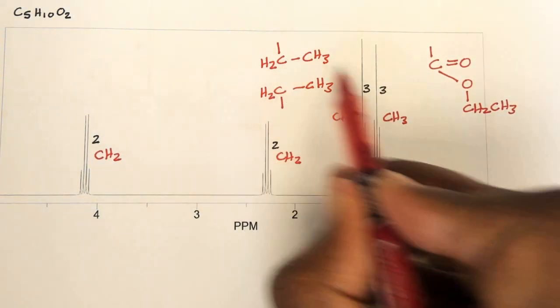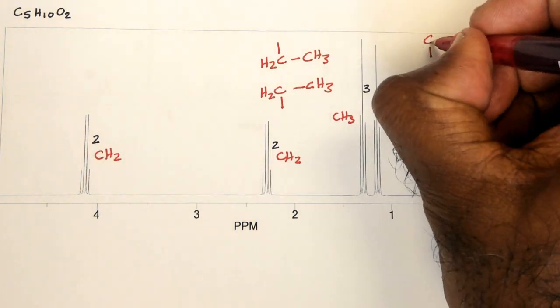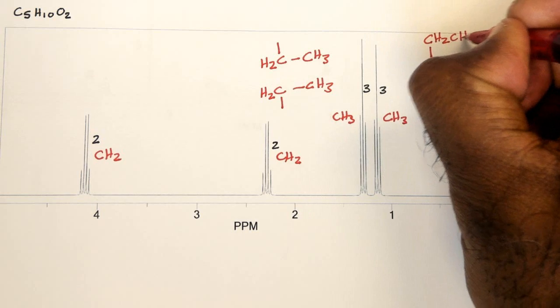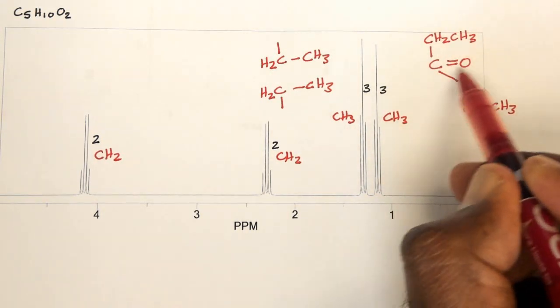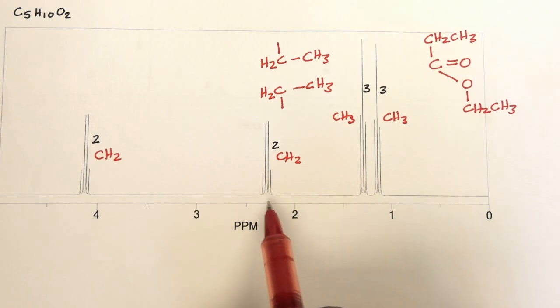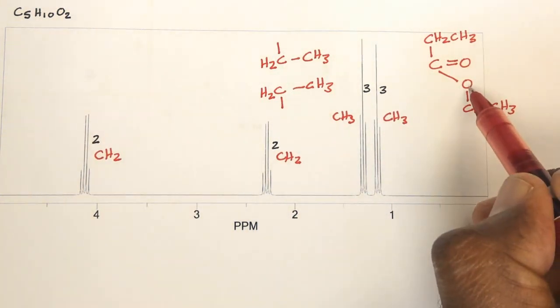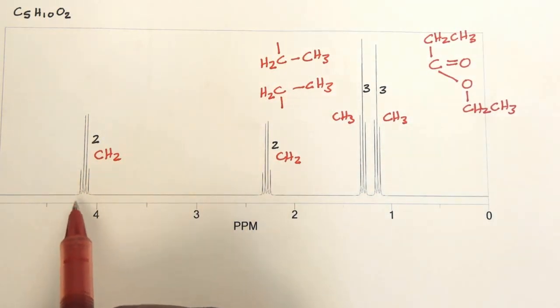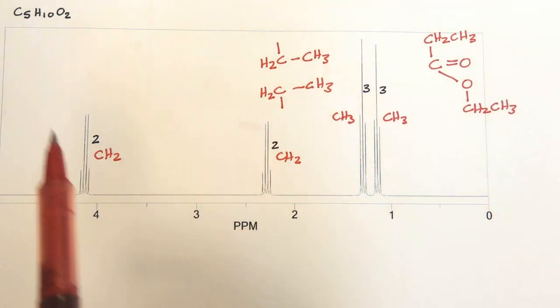So one of the ethyl groups will go next to the oxygen, the other will go next to the carbonyl group. The CH2 adjacent to a carbonyl group is normally found in the region just after 2. A CH2 group directly bonded to oxygen is normally found just after 4, around about 4.